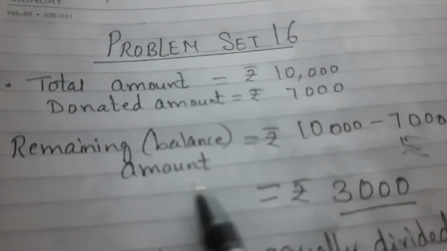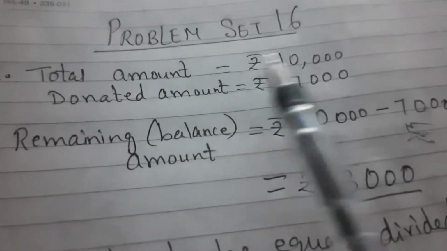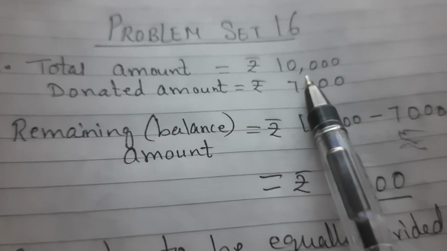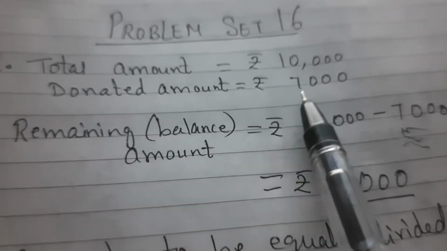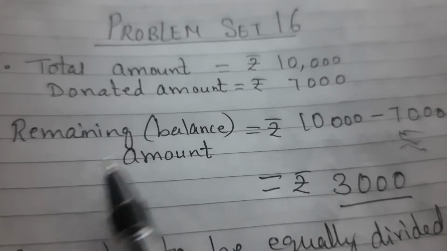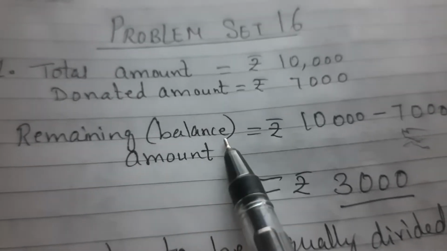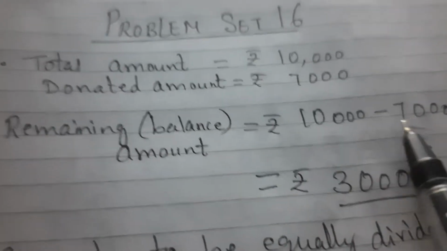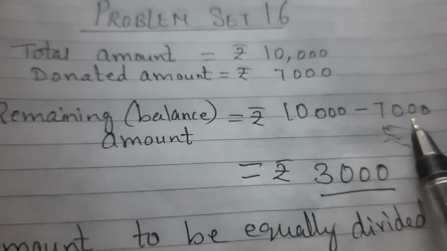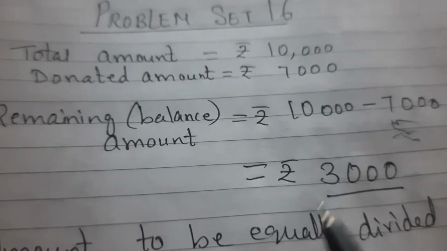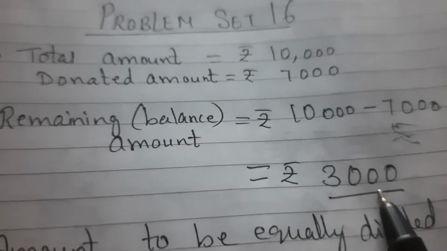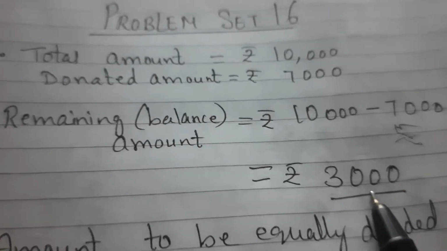So first you'll write down, children, total amount is equal to rupees 10,000. Donated amount rupees 7,000. Remaining means balance amount is equal to rupees 10,000 minus 7,000. That is rupees 3,000. Okay, up till here you understood?